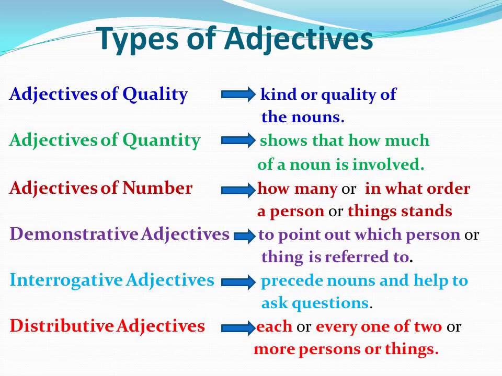Demonstrative adjectives help to point out which person or thing is referred to. And interrogative adjectives precede nouns and help to ask questions. And the last one is distributive adjectives, each or every one of two or more persons or things is called distributive adjectives.